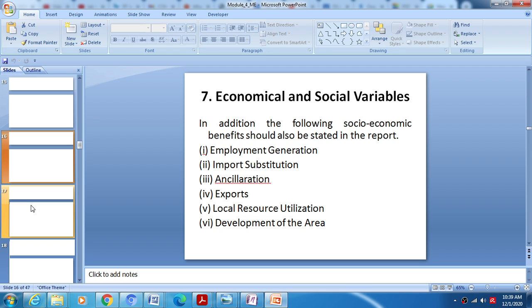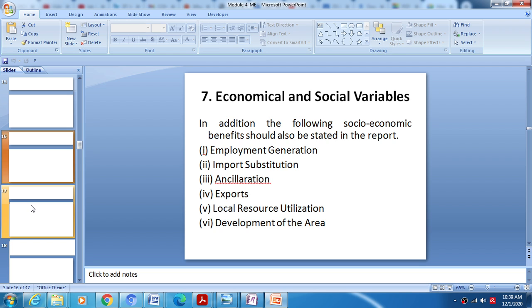The next one is exports. By having a new industry or by producing something unique, you can promote the export, or increase the export ratio of this country, and hence contribute economically as well.